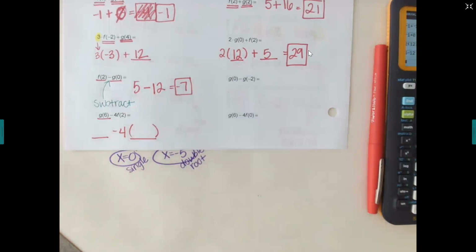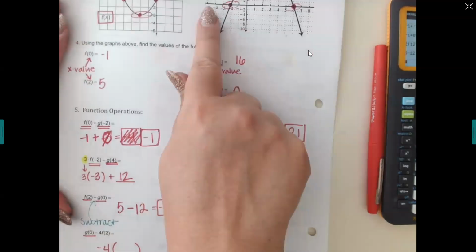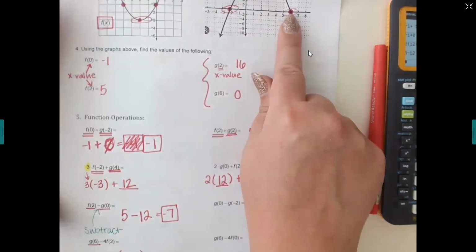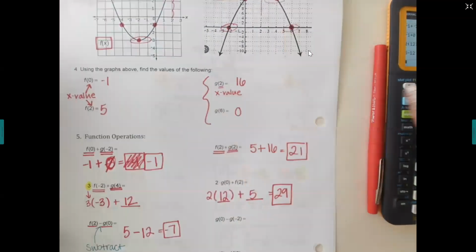Is g graph number 1 or number 2? Number 2, very good. So g of 6, go over here to 6, it's right here. It's gonna be 0. Because you're not going up, you're not going down, you're staying right there in the middle. So g of 6 is a 0.